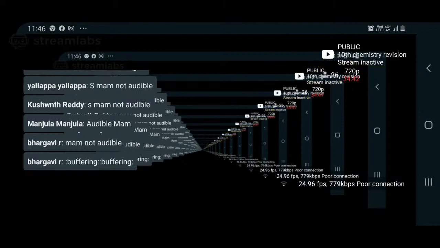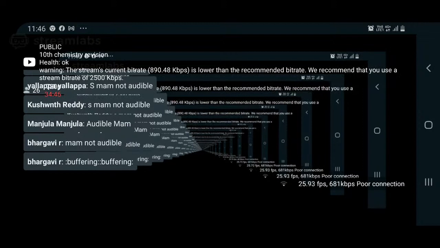And there is one more thing, that is gypsum. Gypsum is calcium sulfate, CaSO4.2H2O.